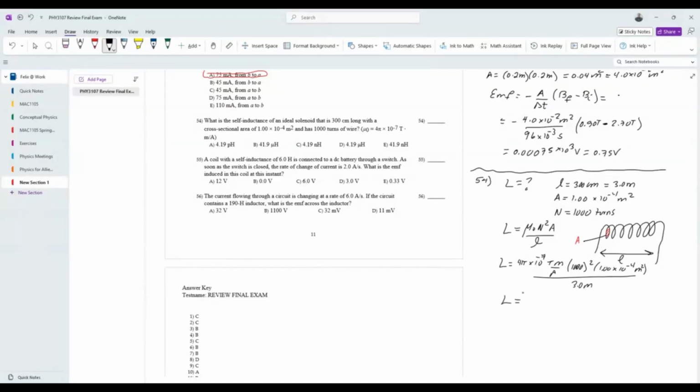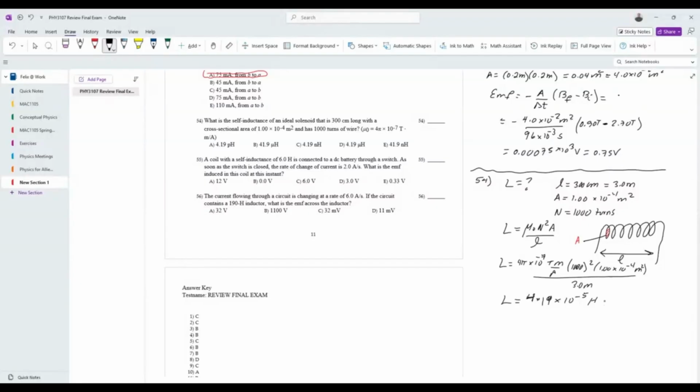When you do those numbers, you get 4.19 times 10 to the negative 5 henry. Now, they are expressing the answers in milli, nano, micro, pico henrys.